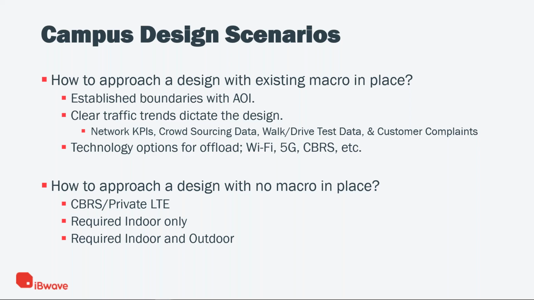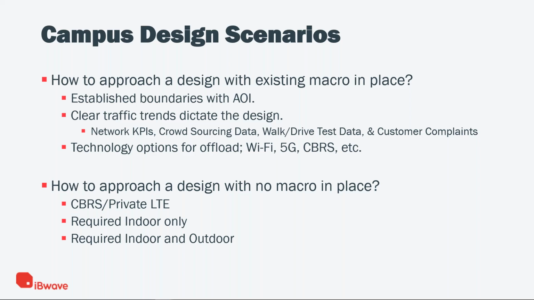So how to approach a design with no macro in place? Well, that piece is going to be much simpler when you don't have to consider the macro environment. So all you're really concerned about is possibly the in-building coverage. But there are some applications where you will only be able to provide that private LTE or CBRS coverage from an outdoor perspective rather than an indoor perspective, or you may be able to do both.